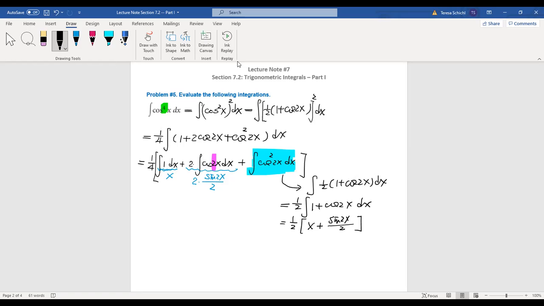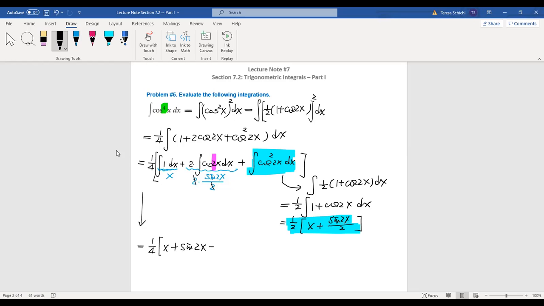All right, so this blue one, I need to use the double angle, the half angle again. So now in here, let's be careful about your algebra. So this is 1/4. So this is x, and here is sine 2x.